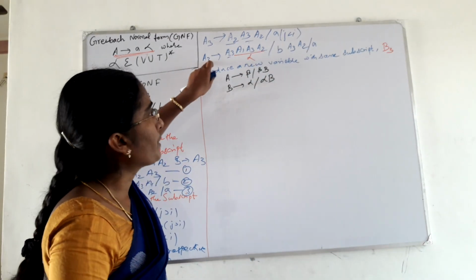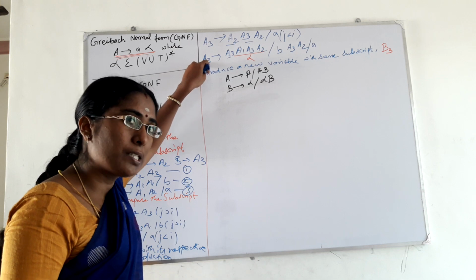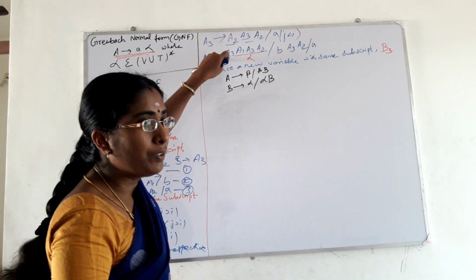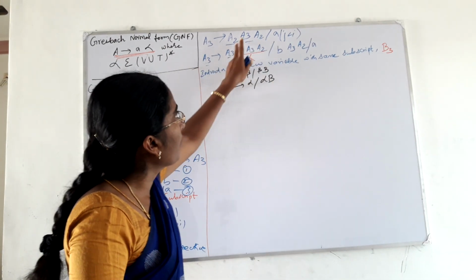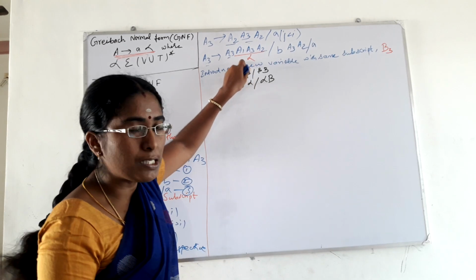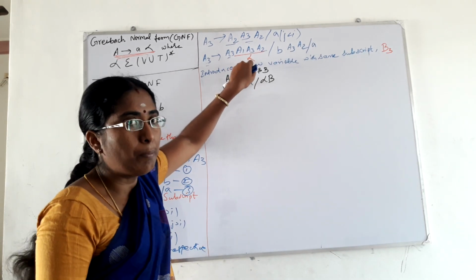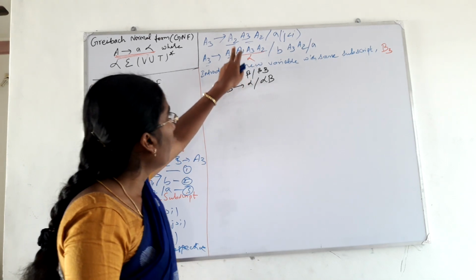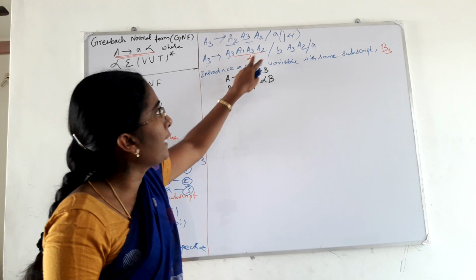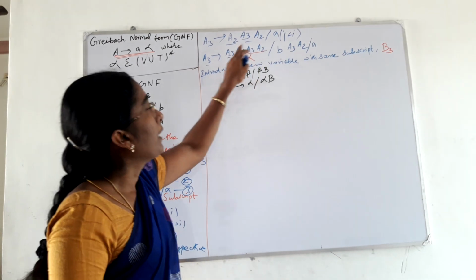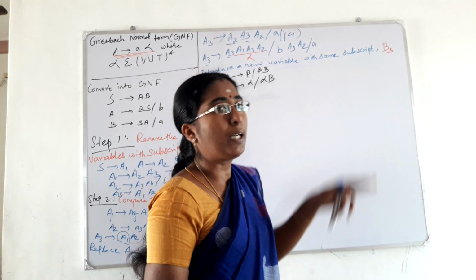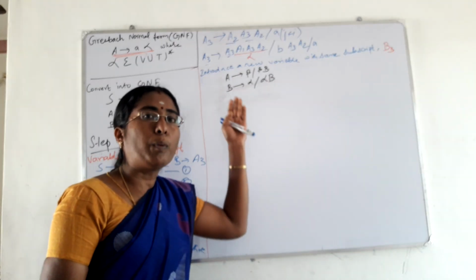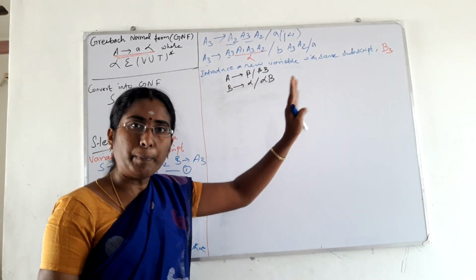In the production where we compare the subscripts and the subscripts are equal, leave that variable with the same subscript, and the remaining set of symbols in that production is called alpha. Whether it is a variable or a terminal is no problem. The remaining productions are considered as betas: beta 1, beta 2, beta 3, like that n productions.